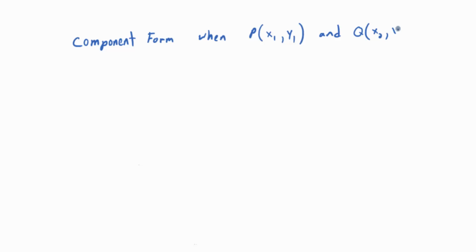So if you want the component form, let's use a more generalized point, when P has coordinates, let's say x1, y1, and Q has coordinates x2, y2.